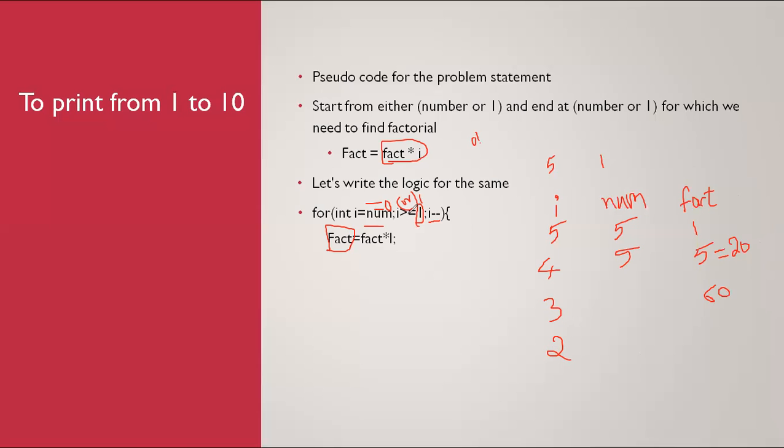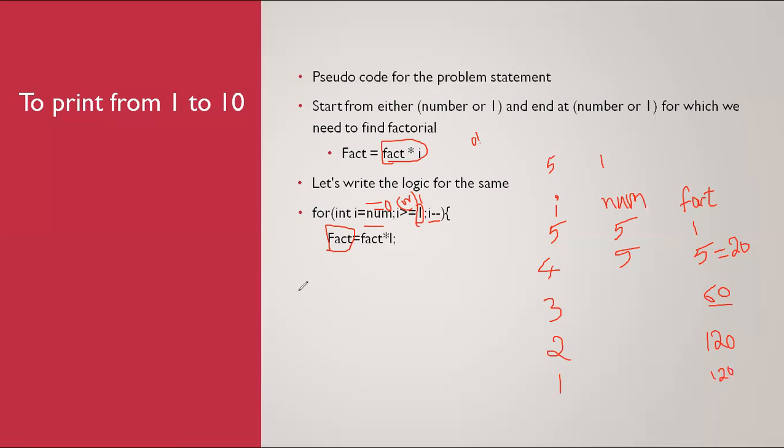The condition is true, so it will go inside. Fact equals fact into I now. The value of fact is 60. 60 multiplies 2, it is 120. And I value will get decremented, which is 1 now. 1 is greater than or equal to 1. The condition is still true. And then 120 into 1 is 120.